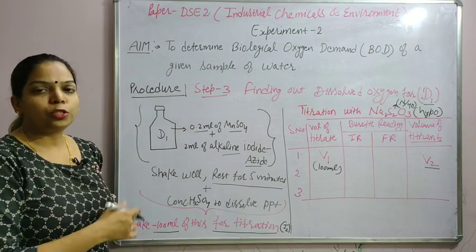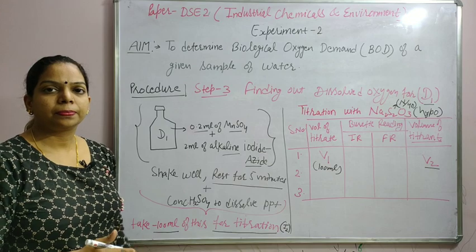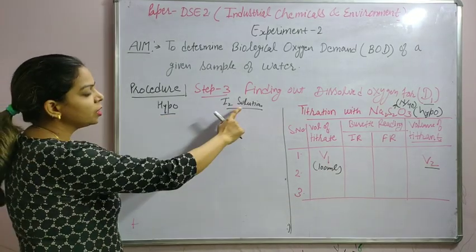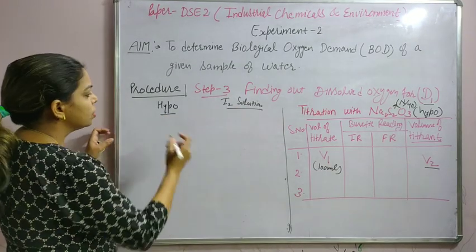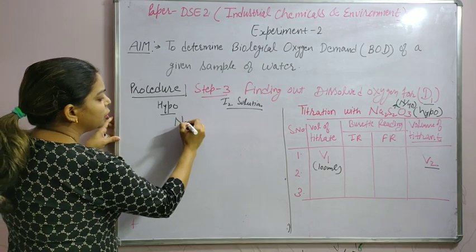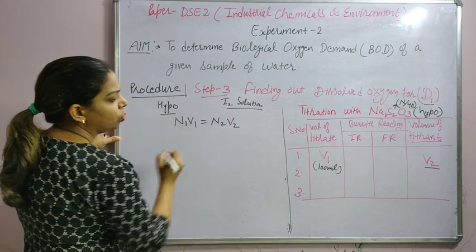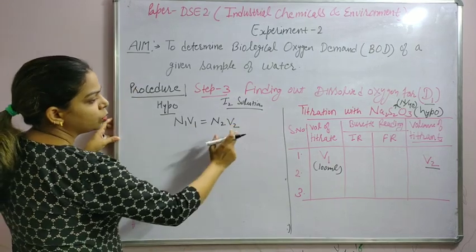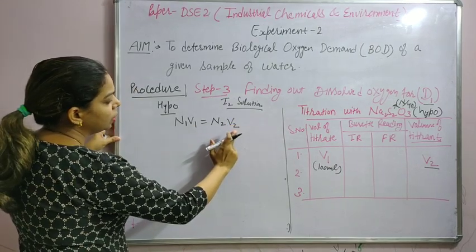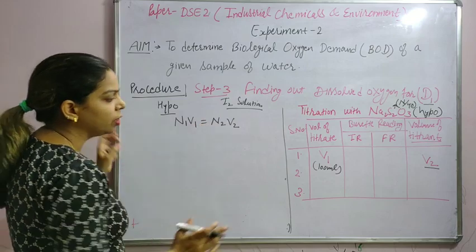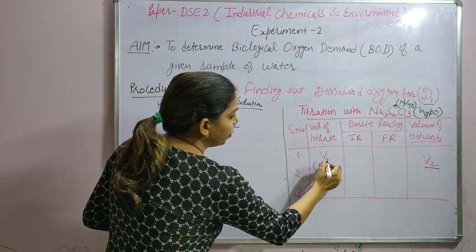Let's do the calculation once again. We have hypo solution on one side and iodine solution on the other. We have the normalization equation, N1 V1 is equal to N2 V2. I am taking iodine here and hypo here. Let me mark hypo as V1 and iodine as V2.